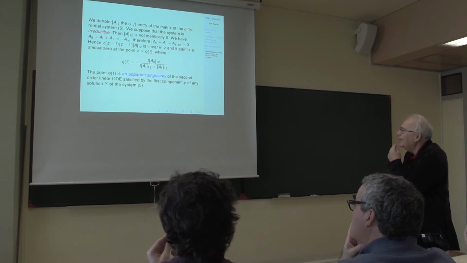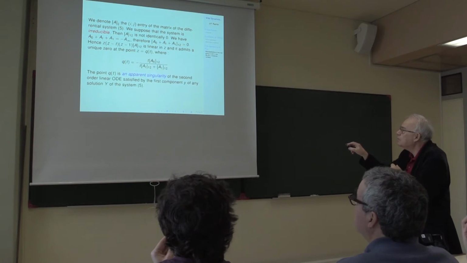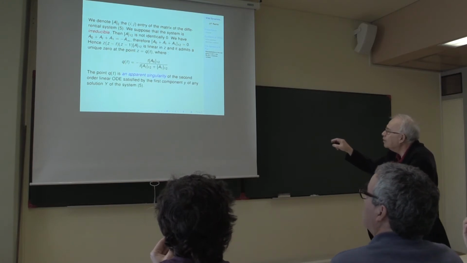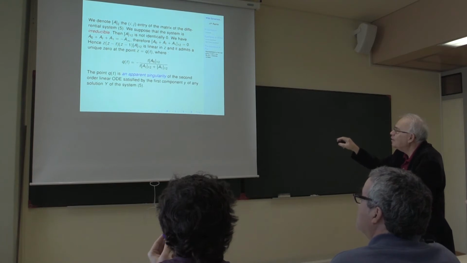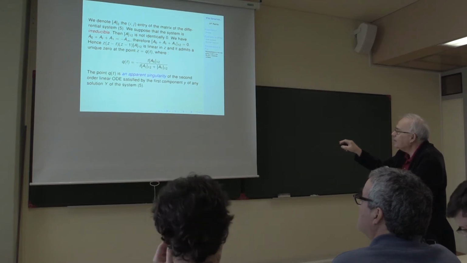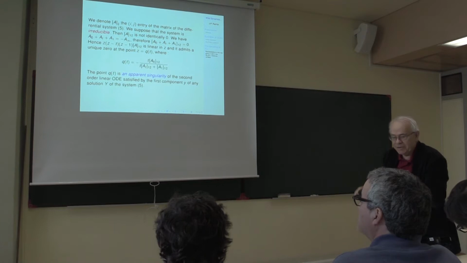Okay. And now you have this trick of Miwa-Jimbo. You take this function Q as a parameter. So we extract from the entries of all these matrices, you define this function Q. And this function Q is, in fact, an apparent singularity of the second order linear differential equation satisfied by the first component of the system.